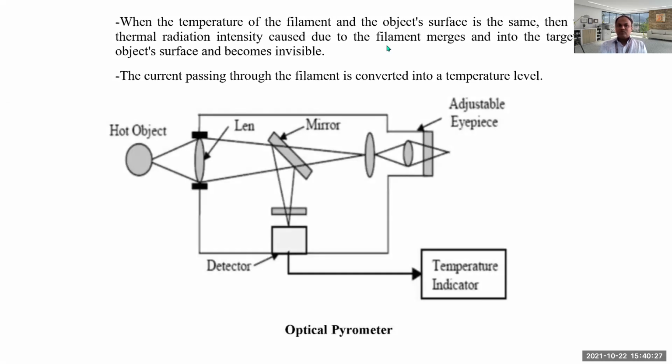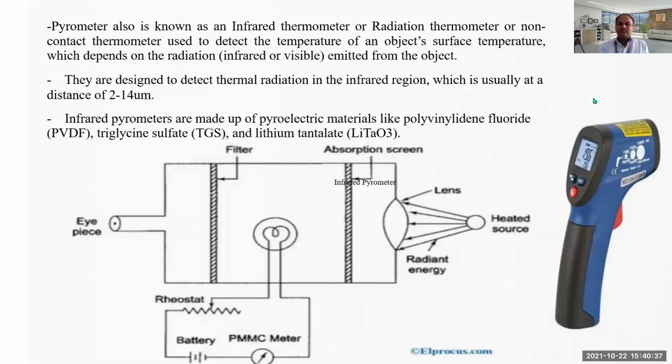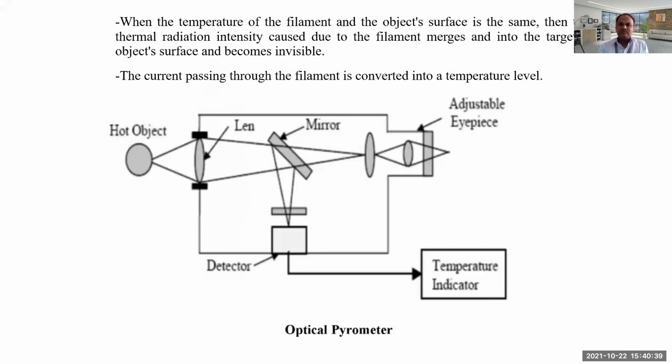We'll see. When the temperature of the object and the surface is the same, then the thermal radiation intensity caused due to the filament merges into the targeted object's surface and becomes invisible.